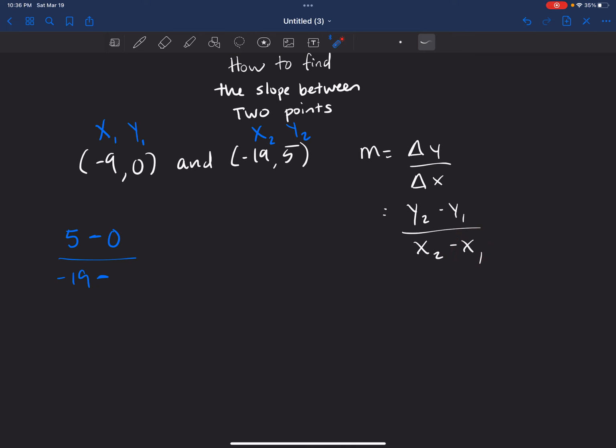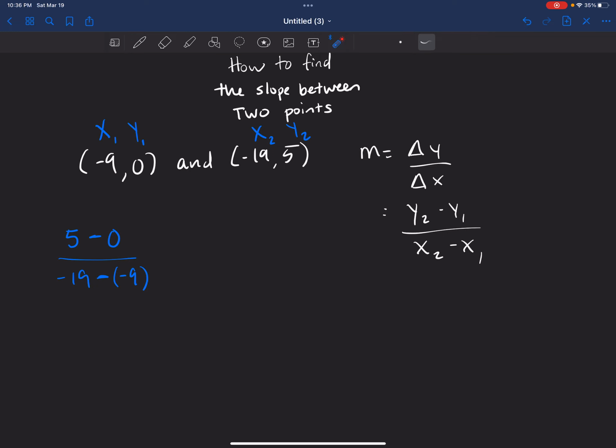Please take a look at the formatting of the formula. x2 minus x1, and my x1 is -9. I should not put a 9 there. That is wrong. I have to make sure I put a -9 there, with parentheses.